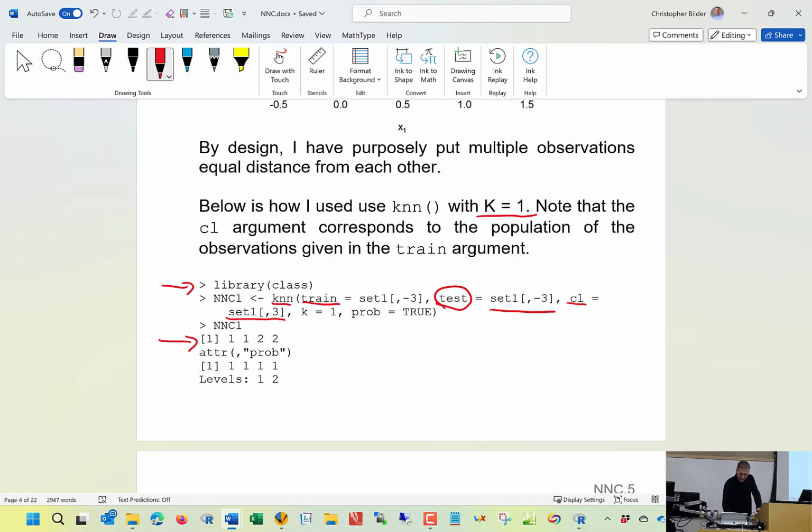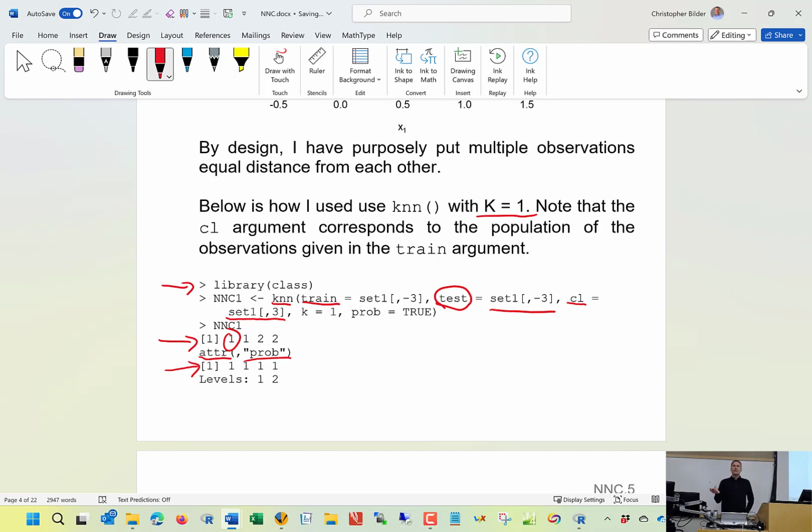Also, what we see here is something called ATTR prob. This uses an older version of how our objects were constructed. ATTR stands for attribute. And what this attribute corresponds to is essentially the probability that observation 1 will be in group 1.